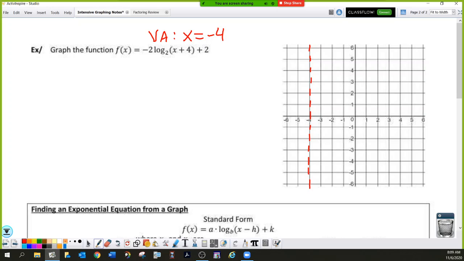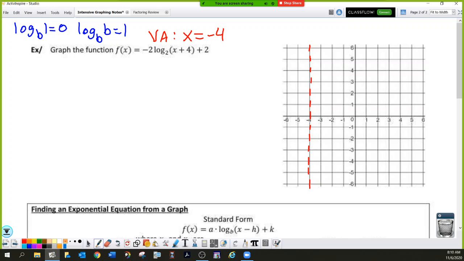Now we need 2 points. The 2 points that we are going to find, the 2 x values, are the 2 x values that force the special logs. Remember, the special logs are log base b of 1 equals 0 and log base b of b equals 1. We are going to force those 2 scenarios.